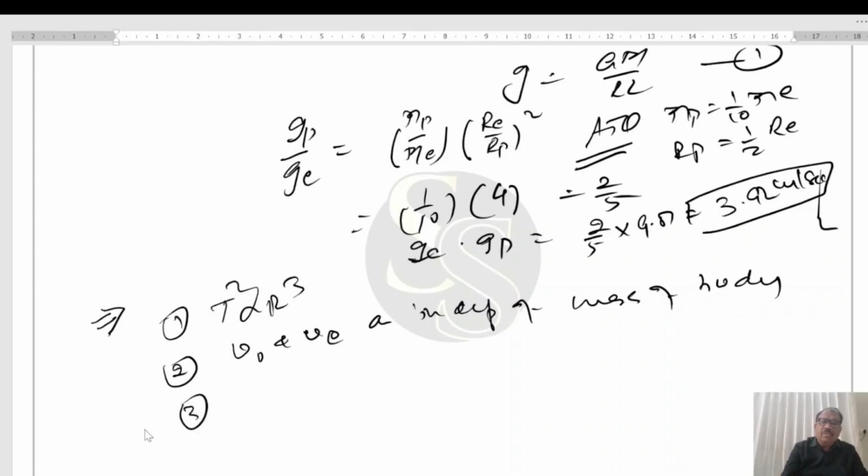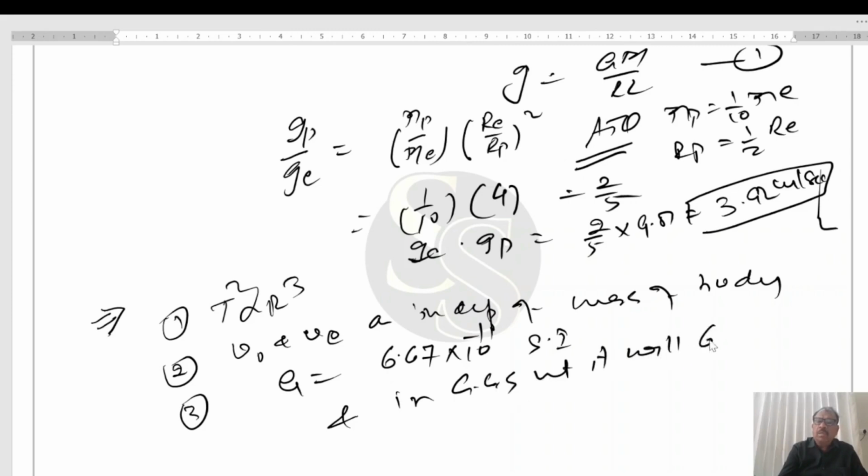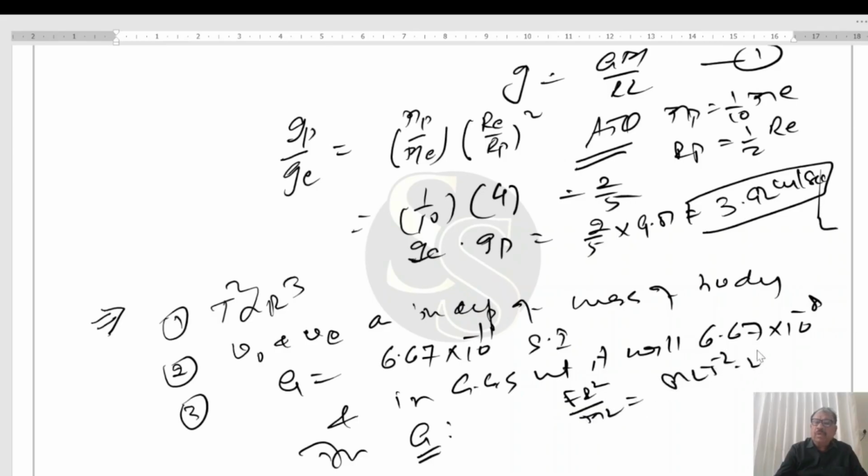Also, the value of G is 6.67 × 10^-11 in SI units, and in CGS units it will be 6.67 × 10^-8. And the dimension of G, you have to find from F R squared over M squared, MLT^-2 into L^2 divided by M^2, that is M^-1 L^3 T^-2.